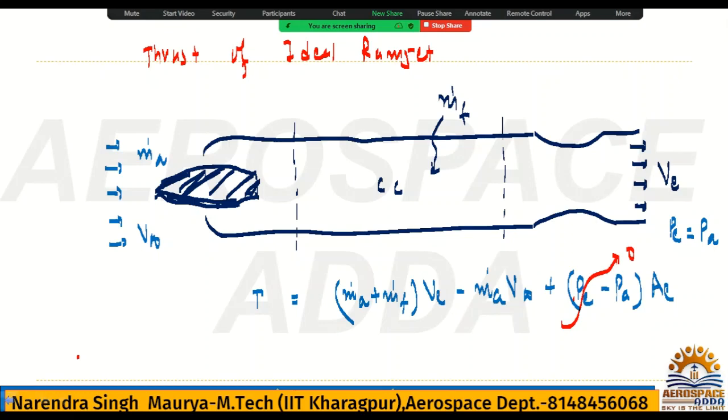What thrust will you have? Simple. You will have T is equal to, take the common m dot a, what you will get? (1 plus m dot f by m dot a) into VE minus m dot a into V infinity.